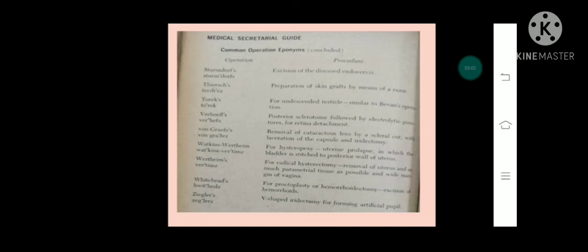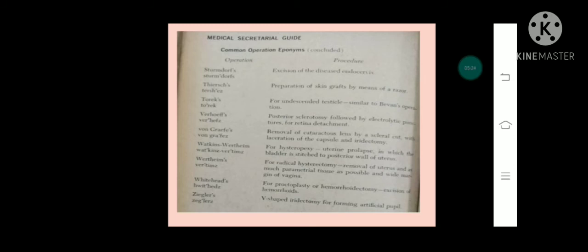And next is Berhef's, the posterior sclerotomy followed by electrolytic punctures for retina detachment. Von Graffix, removal of cataractous lens by a scleral cut with laceration of the capsule and iridectomy.